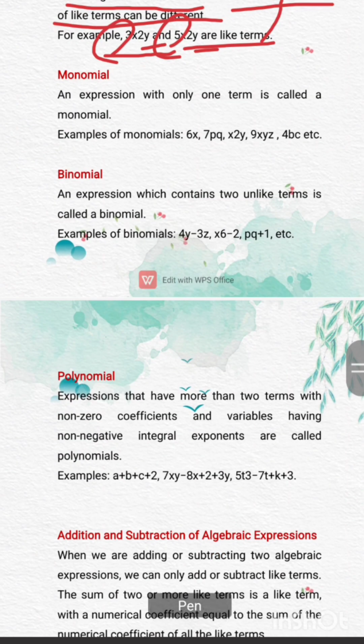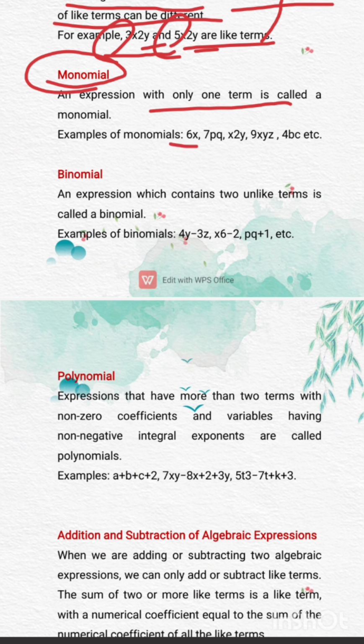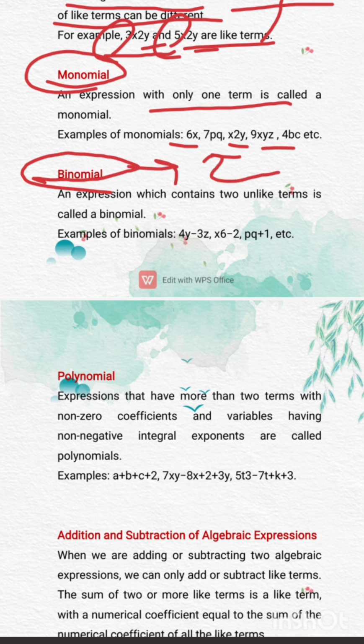Now based on the terms, we have divided the algebraic expressions. If they contain only one term, they are called monomial. For example, 6x, 7pq, x square y, 9xyz, etc. If an expression contains two terms, that is, two unlike terms, it is called a binomial.